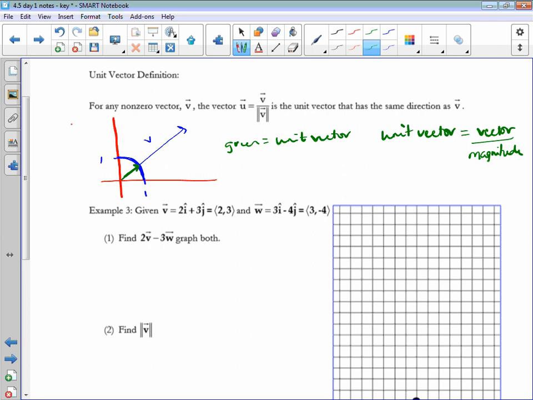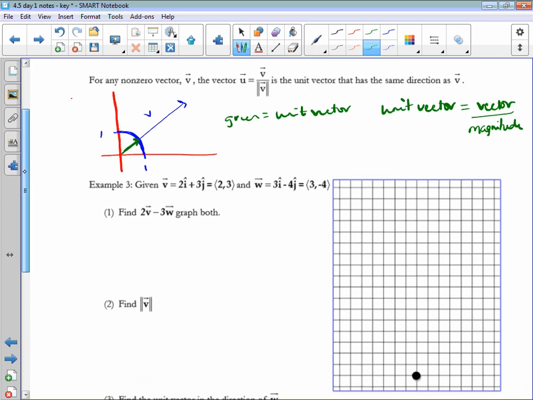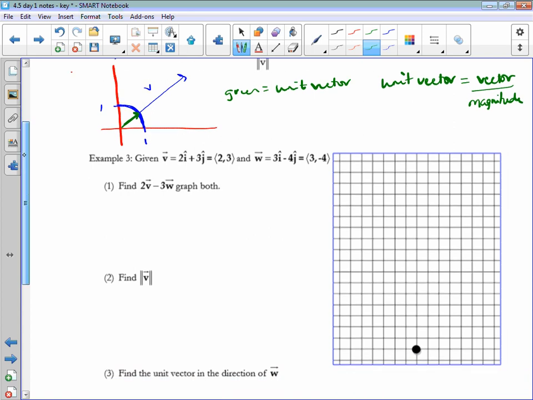Alright guys, I want you to try the next little section here. You're given vector v and vector w. I want you to find 2v minus 3w. It says graph both; we're going to graph those together. I want you to do the algebraic part, and then also try to find the magnitude of v. So do 1 and 2 for me, okay?